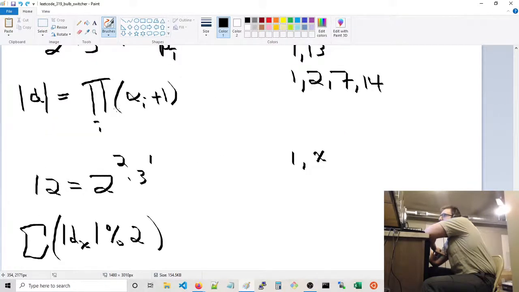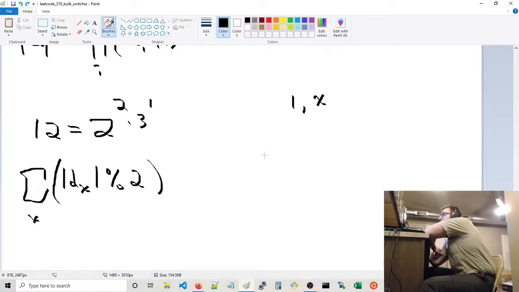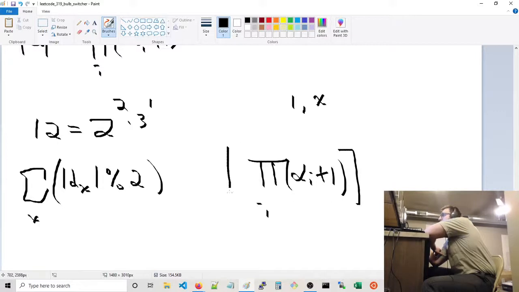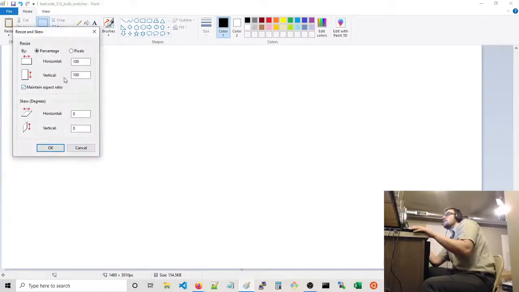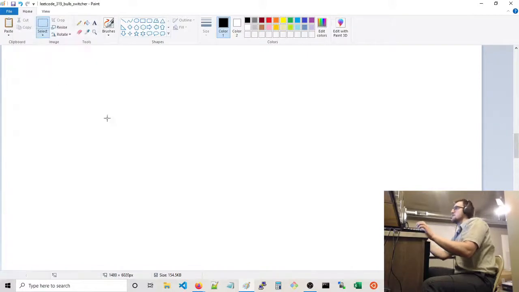So, I guess one thing you can take a look at is if you take this alpha sub I plus 1 mod 2, that actually ends up being, let me resize this.